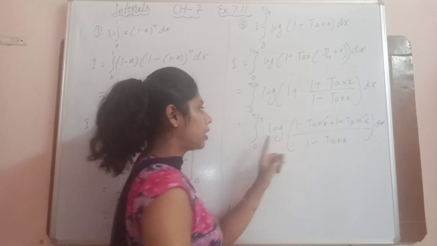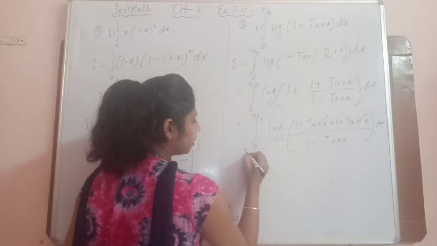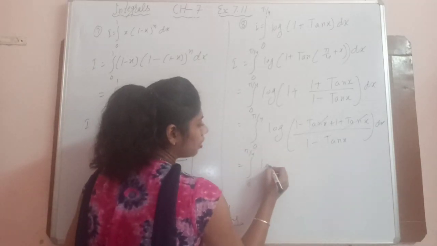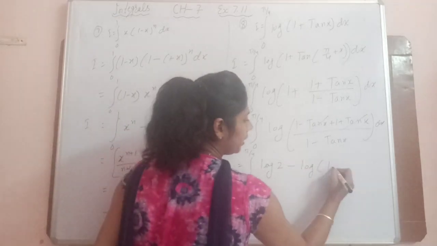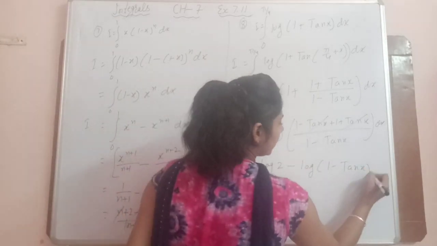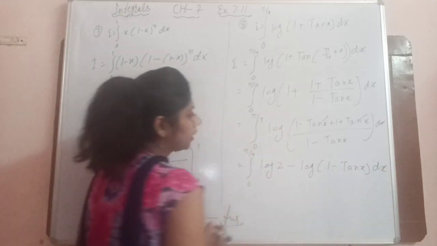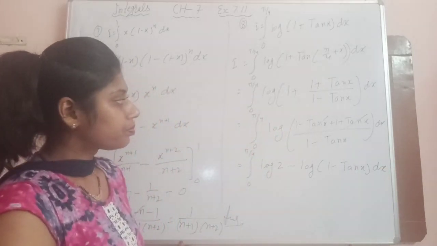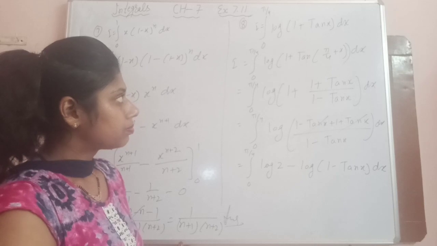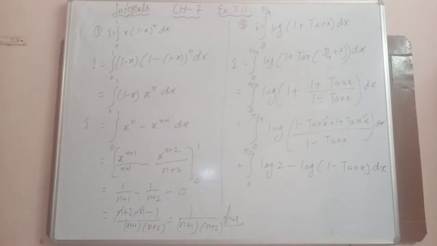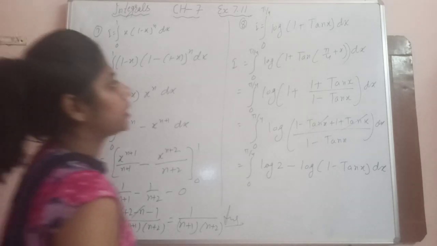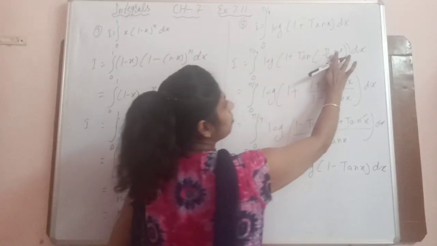Then we will apply the property of log. What is the property of log? Log of 2 minus, by the division property, log of 1 plus tan x, dx. Clear? Here see, there is a minor mistake.